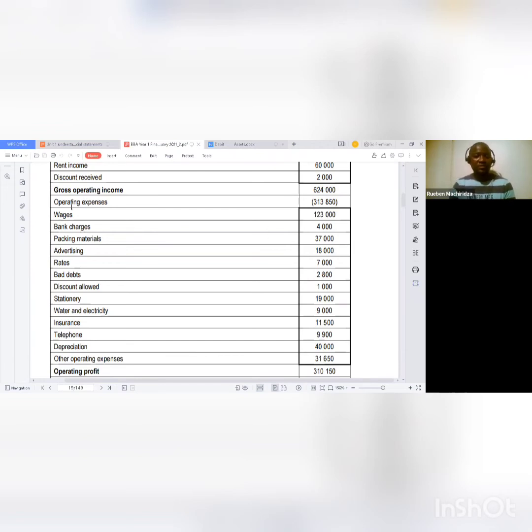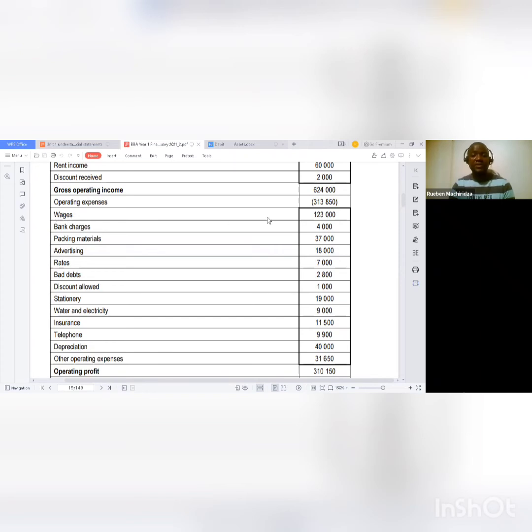So we move to the operating expenses section. We will find wages. Wages are the amounts that we pay to our employees. Wages and salaries are the same thing, but just that the period differs.